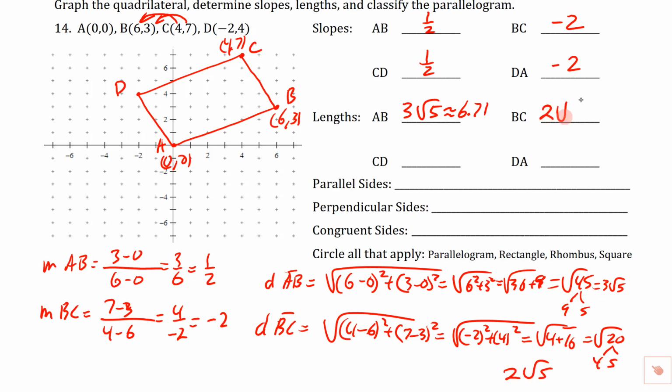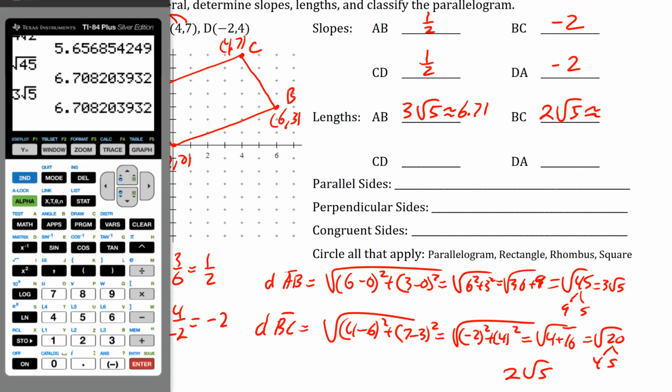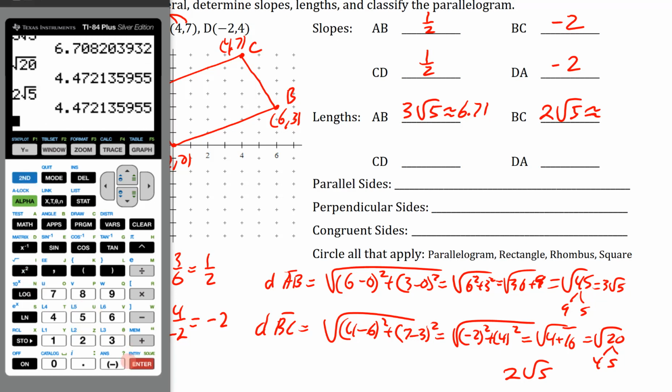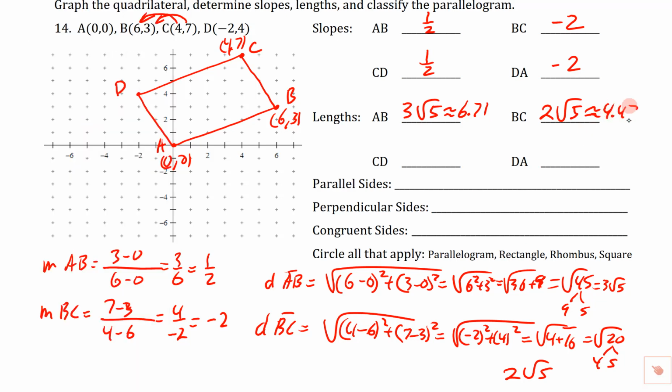Let's get what that is approximately. Pulling up the calculator again, double checking, square root of 20, got that. And we said 2 square root of 5, and we get the same thing. So this is 4.47.